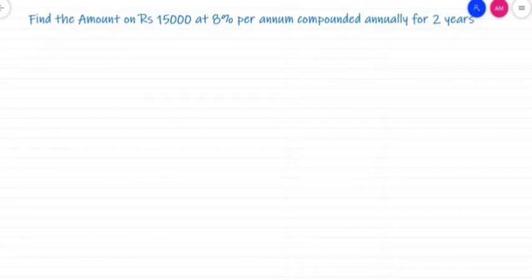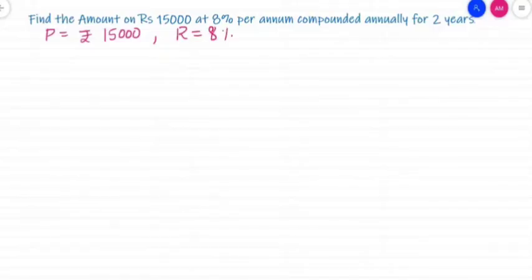Okay, now see, find the amount on rupees 15,000 at 8% per annum compounded annually for 2 years. Okay, from here it's very clear that the principal amount P is rupees 15,000, isn't it? Now we also know that the rate of interest is 8% per annum. Now since it is compounded annually, there is no need to do anything with 8, and time is 2 years.